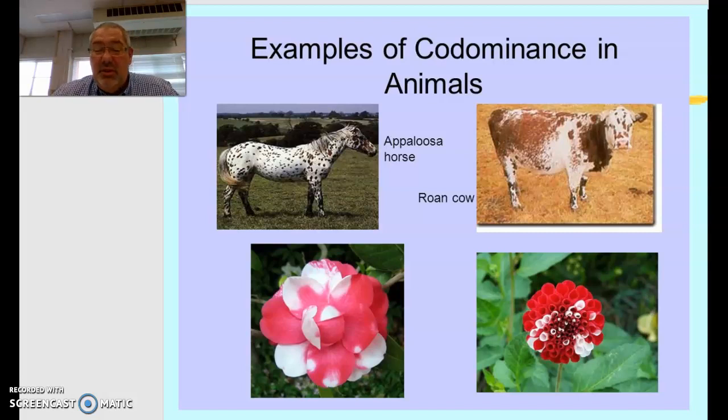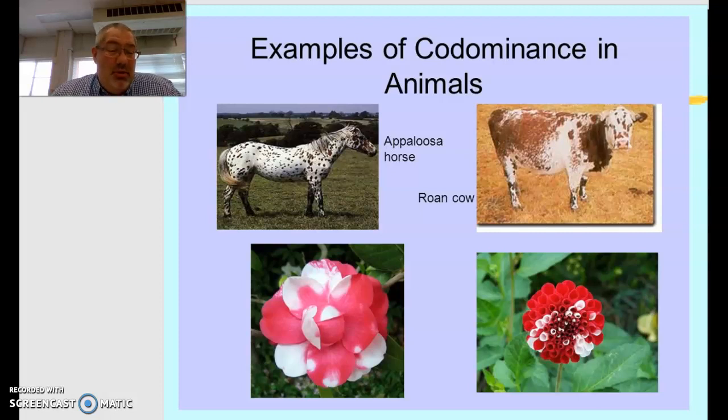Codominance is when you have both characteristics of the parents exhibited in their offspring. So you have red and white camellias and red and white zinnias. You have a brown and white Appaloosa horse, and you have a brown and white roan cow.